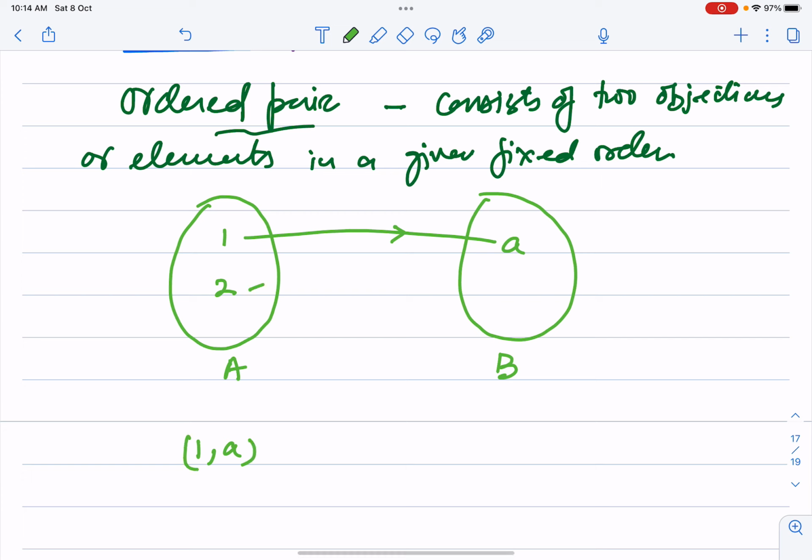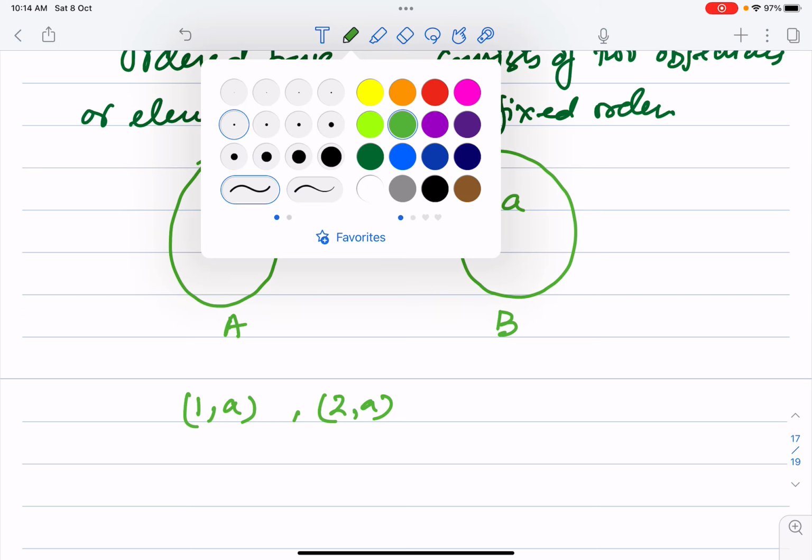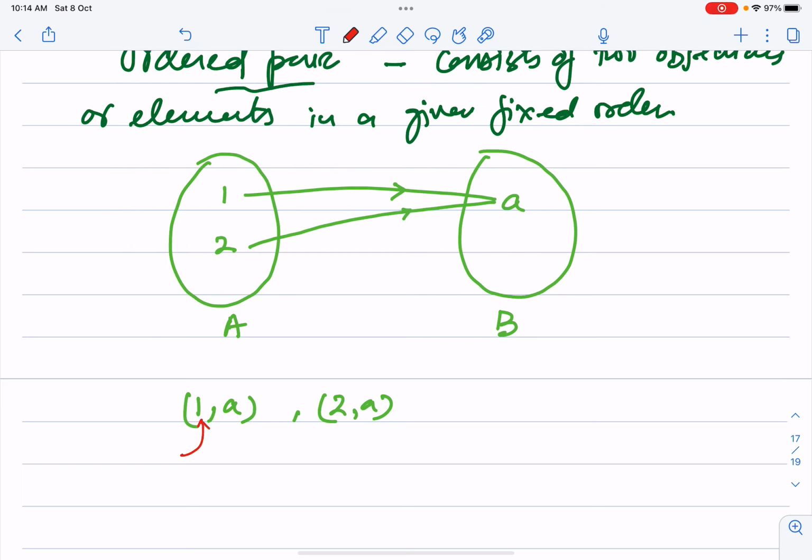If I join 2 with a, I get another ordered pair, (2, a). So these are called ordered pairs. In an ordered pair there are two elements in a fixed order. The first one is called the first element, and this is called the second element.